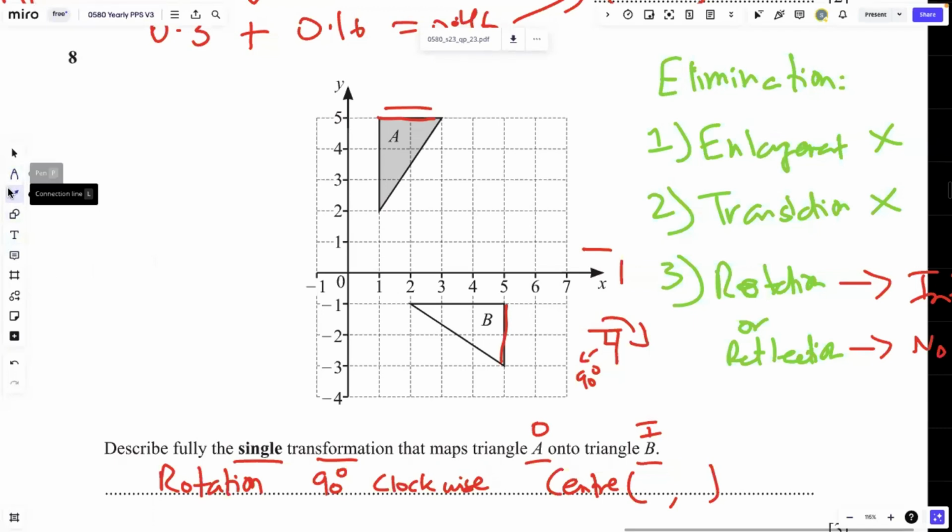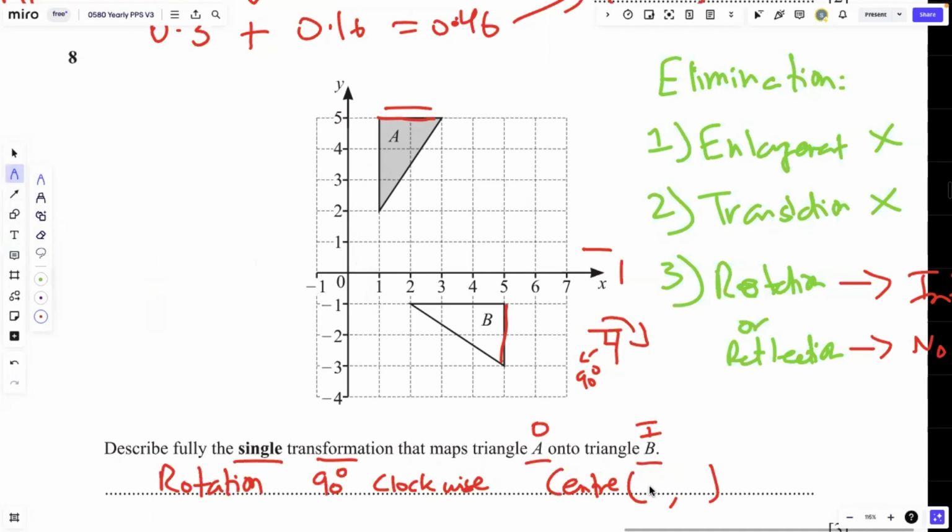For the center of rotation, there are multiple methods that you can work with, but the easiest method is using a tracing paper. You keep a tracing paper, you keep a pencil at a particular point, and then you rotate it to check if that's the center of rotation or not. So you can use a trial and error method using a tracing paper.